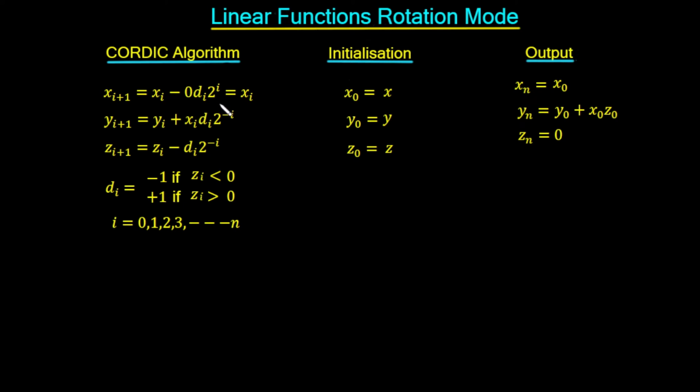So as we mentioned previously, we keep the x value constant. In our example there, it always remained at 0.866. So we keep that x value constant by introducing a value of 0 here. So we multiply this term here by 0. If we multiply it by 0, in effect it just disappears.